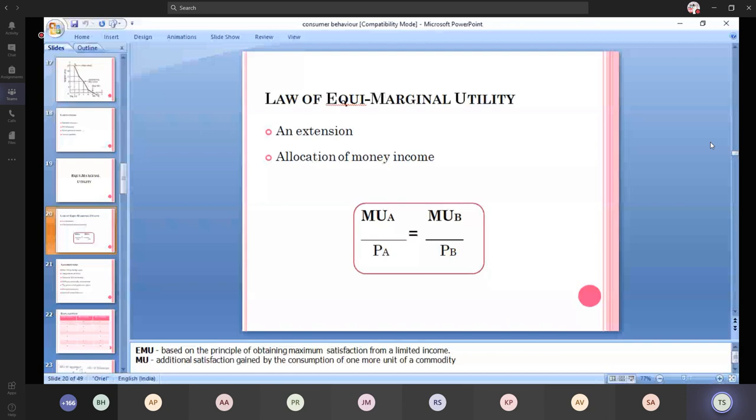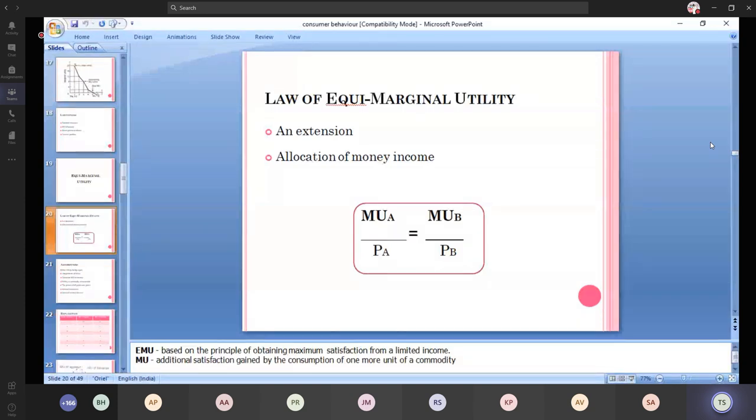And here we have MU as the marginal utility. P is equal to price, and MU of A is equal to marginal utility from the commodity A, and MU of B is equal to marginal utility from the commodity B, and P of A is the price of the commodity A, and P of B is equal to the price of commodity B. So this is the formula which was given by the author.